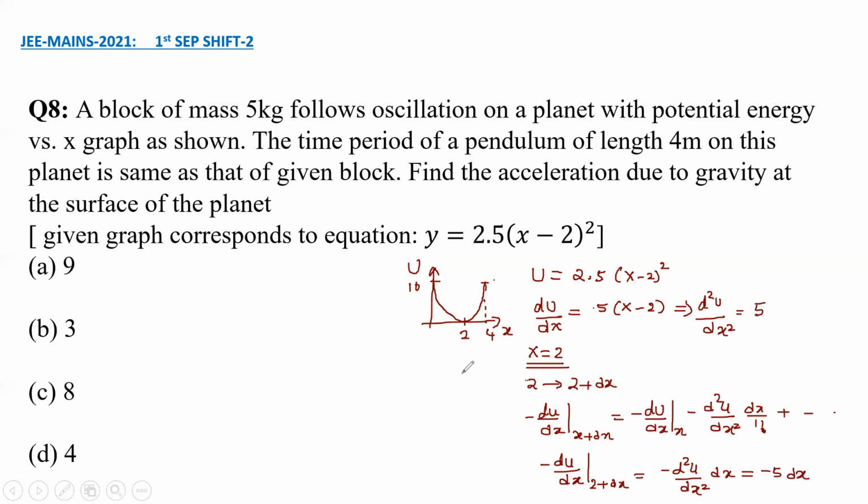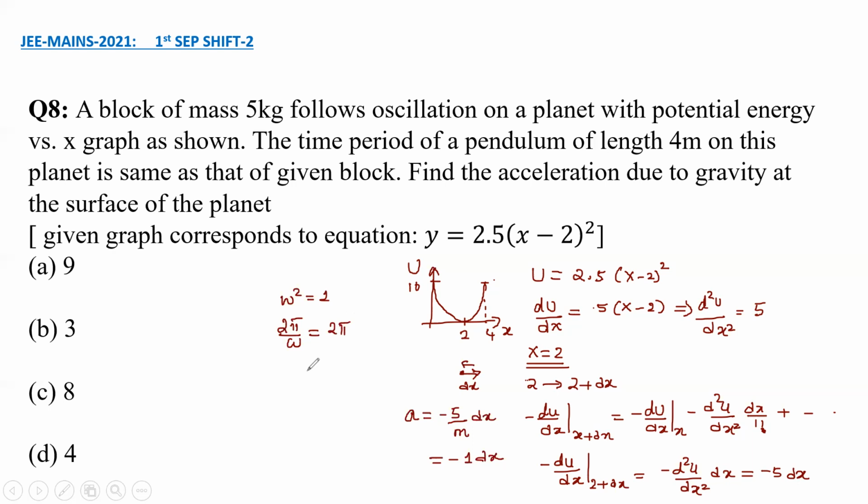What it means is, if the particle which is at 2 displaces by dx, it will experience a force towards this equilibrium location, and that force will be minus 5 dx. So acceleration will be minus 5 by m into the displacement dx. The mass is also 5 kg, so it is minus 1 times the displacement dx. Therefore omega square is equal to 1, and the time period will be 2 pi by omega, which is 2 pi in this case.